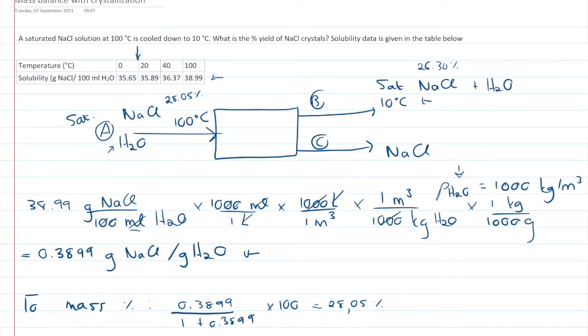So now we know in terms of percentage what is happening in all three streams, because this is just 100% sodium chloride. Now we can choose a basis, and I am going to choose 100 grams of stream A, which is 100 grams of the saturated solution, so that I can do the problem.